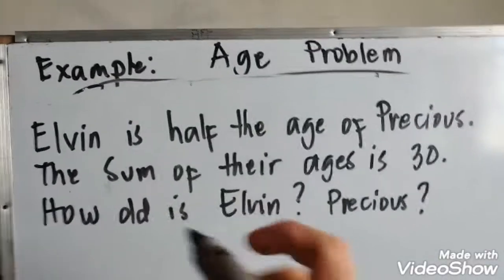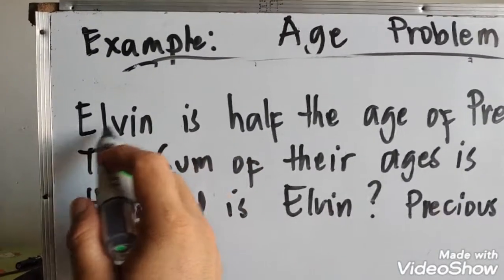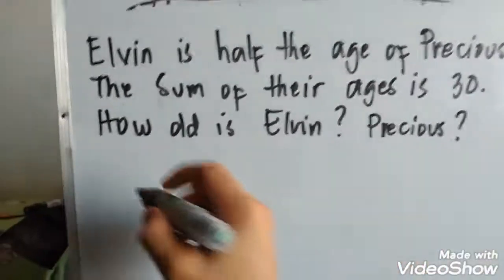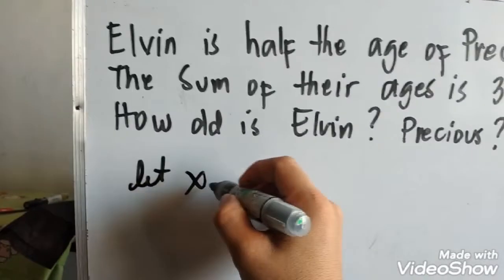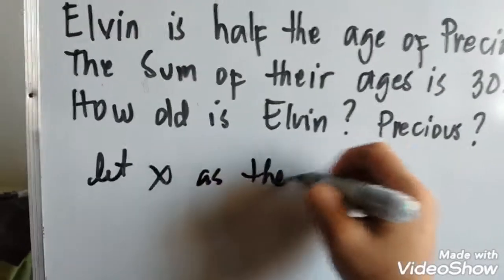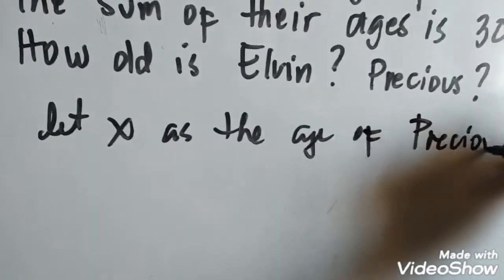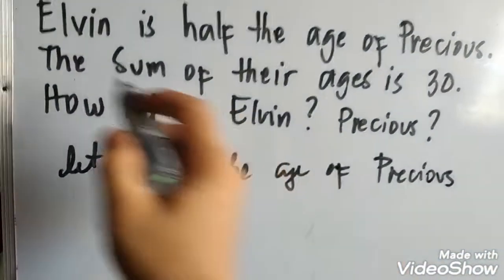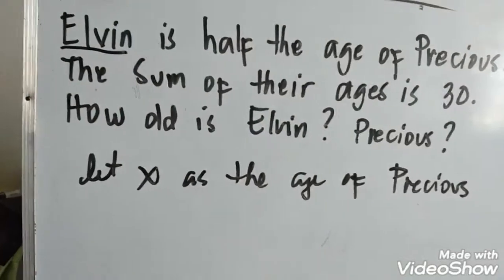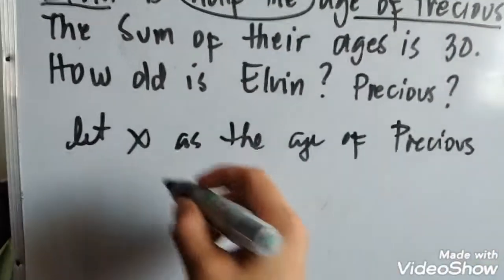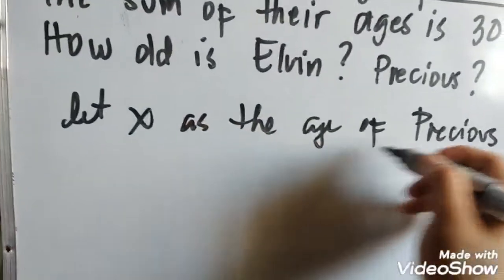On the first statement, we have here Elvin is half the age of Precious. So if we let x as the age of Precious, what is the age of Elvin? So it states that Elvin is half the age of Precious.